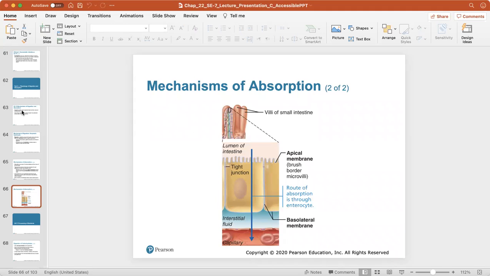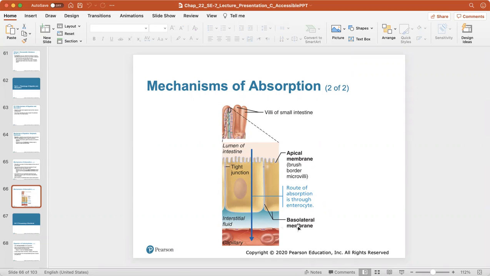So here's a look, again, just showing the mechanisms of absorption. Here's a villus of the small intestine, kind of a finger-like outpocketing. We're going to zoom in on the wall of a villus. The apical membrane includes the brush border microvilli, and this shows the route of absorption through the enterocyte, or one of the cells.